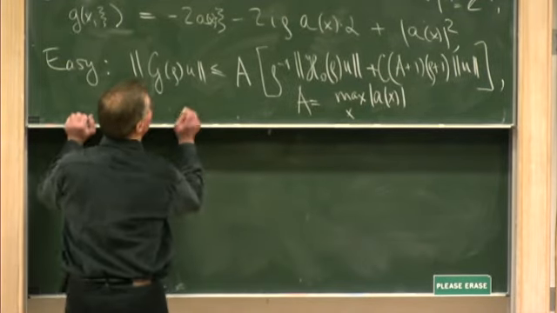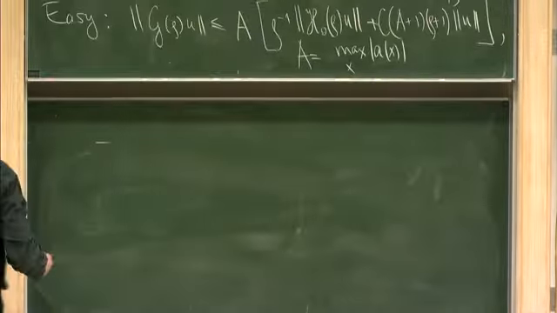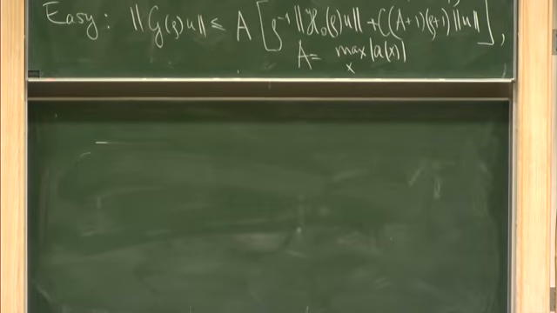Now, I will split this K into two components. One of them aligned with alpha, and the other orthogonal to alpha.